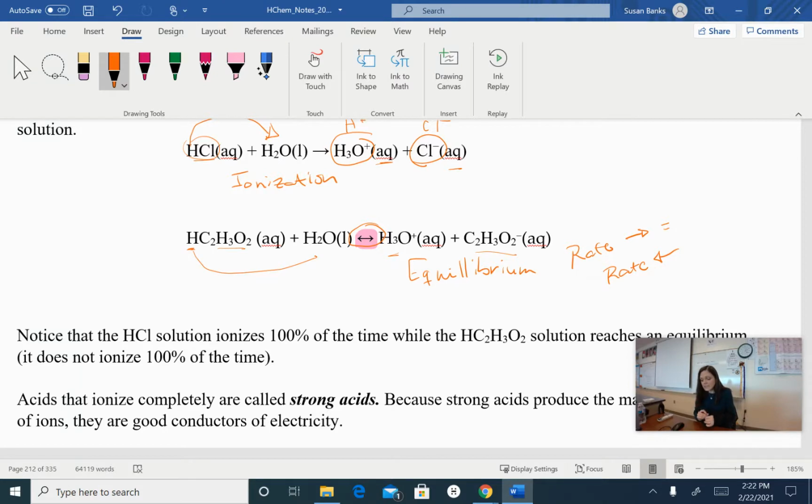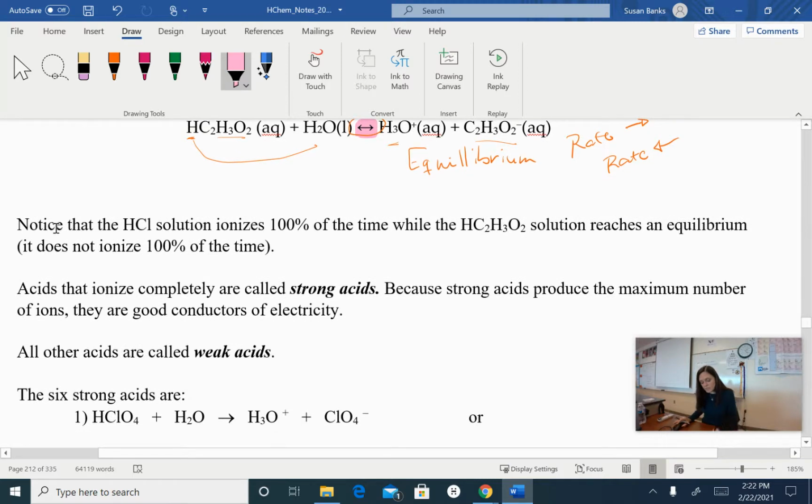So that means that this does not completely ionize, but the reaction up here with hydrochloric acid only goes one way. It only ionizes. It doesn't go back to form hydrogen chloride, okay? So notice the hydrochloric acid solution ionizes 100% of the time, while the acetic acid solution reaches an equilibrium. It does not ionize 100% of the time.